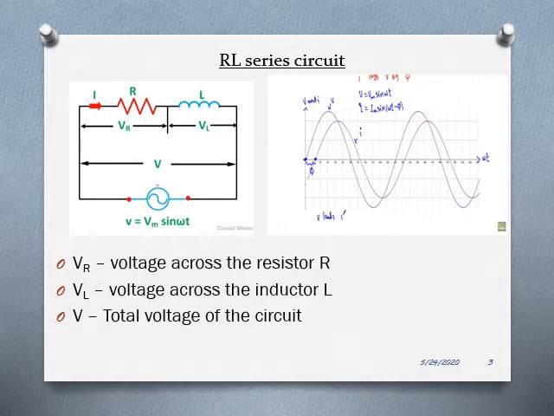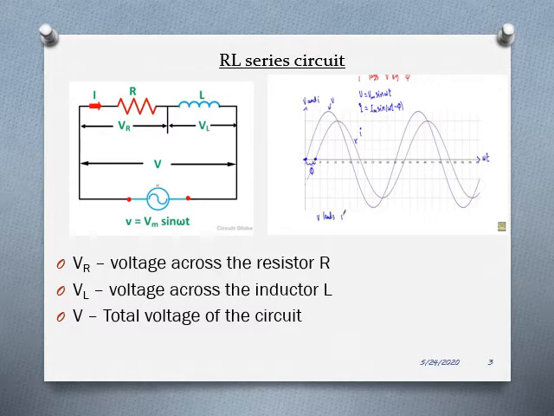But rather, the current will be lagging the voltage by an angle phi which will be between 0 and 90 degree. Remember, the phase difference angle phi will be between 0 and 90 degree.